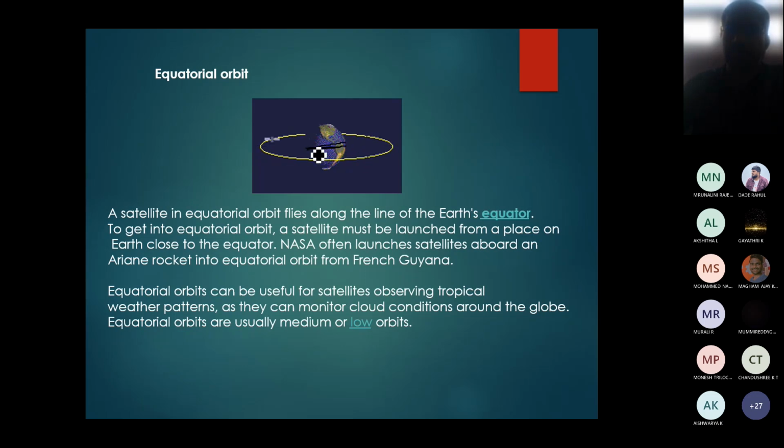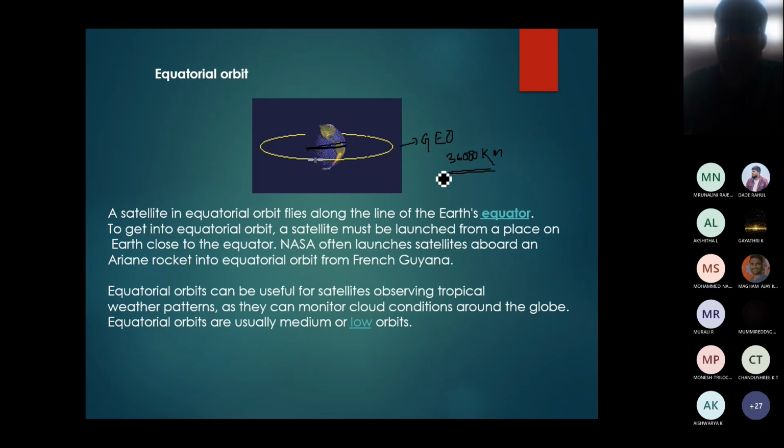So this is the Earth equator and this orbit we can call GEO orbit, and only if the orbital height is 36,000 kilometer can you call it GEO orbit.